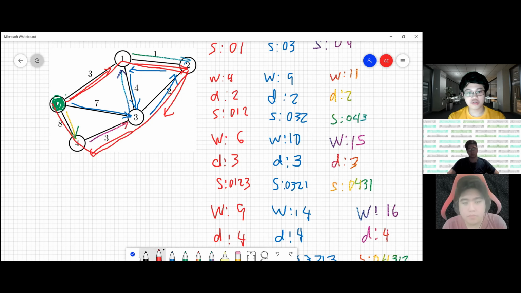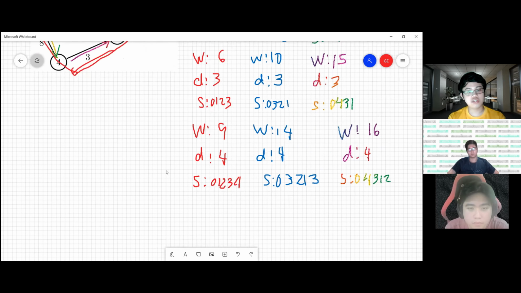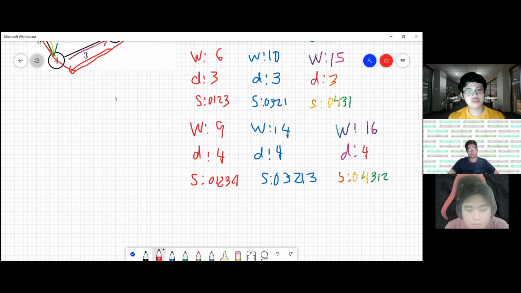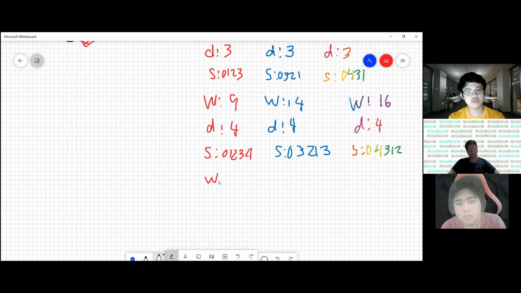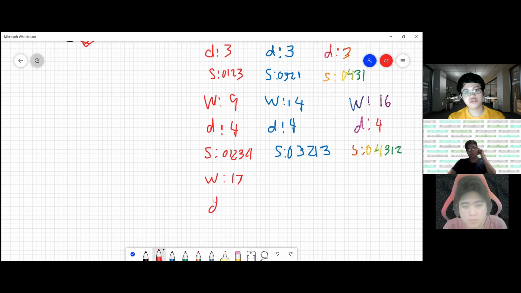Lastly, we have to iterate one more. The weight now is 9 plus this edge, so 8. 9 plus 8 is 17. The distance is 5. And the sequence is 0, 1, 2, 3, 4, 5.